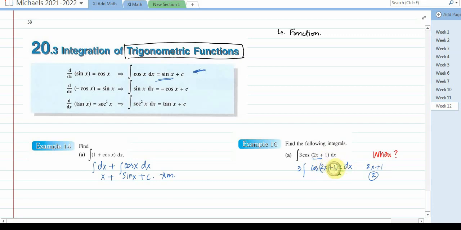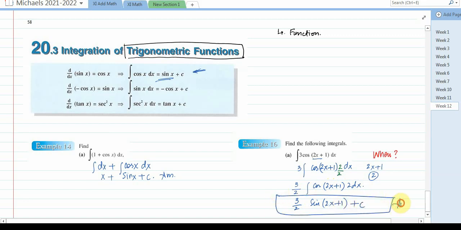So now the function is ready to integrate, and this 2 we can bring outside right here. I can write in this form cos(2x plus 1) times 2 dx, and now my function is ready to integrate. So it will be 3 upon 2. The integral of cos(2x plus 1) is sin(2x plus 1) plus c. So that is your answer.